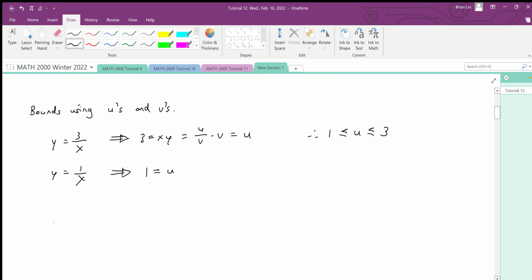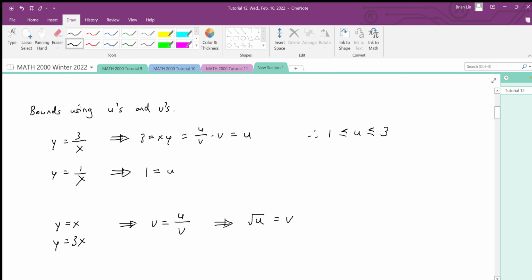Now you want the bounds for v. So before we were told y is equal to x and y is equal to 3x. So y is equal to x tells me that v is equal to u over v, and that tells me that square root u is equal to v.